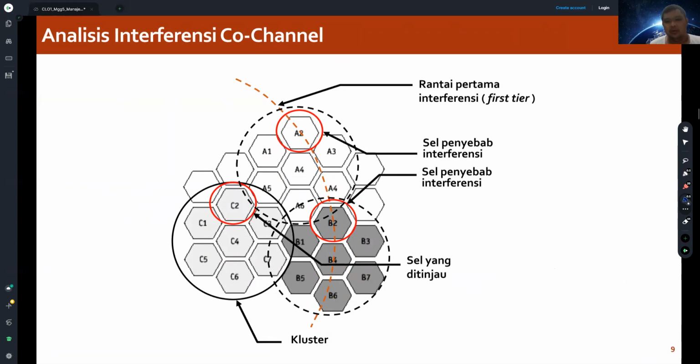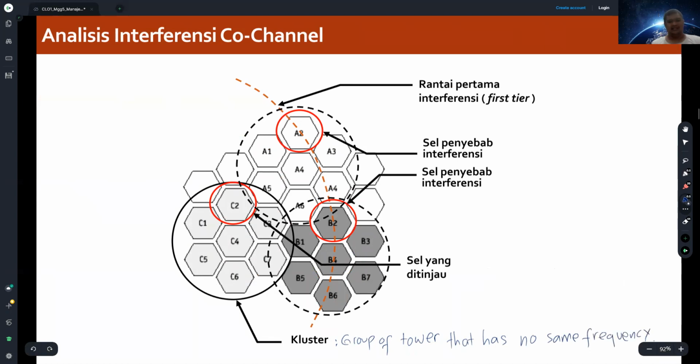Now, we have already talked about the cluster, right? A cluster is a group of towers that has no same frequency, right?